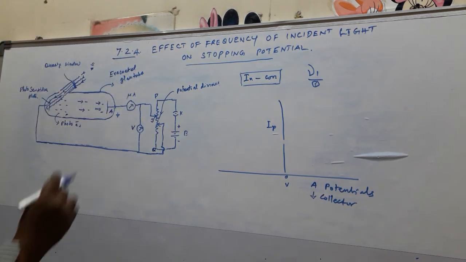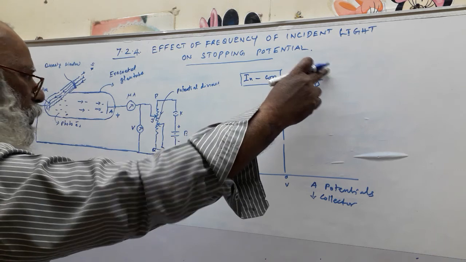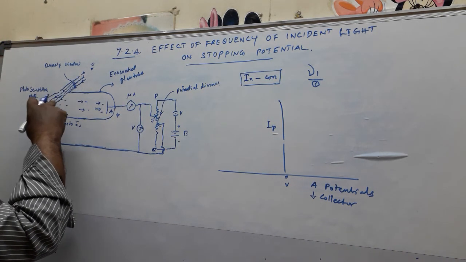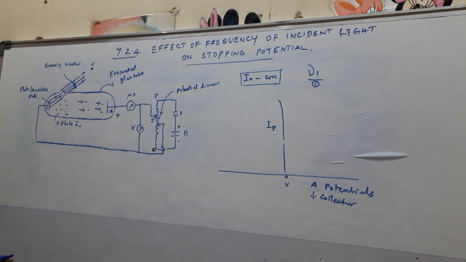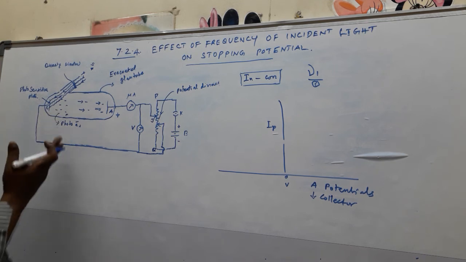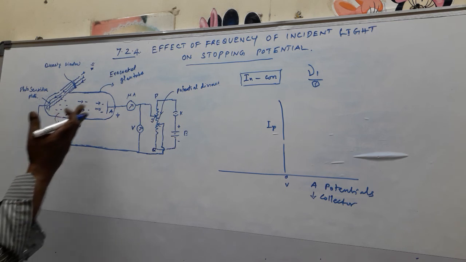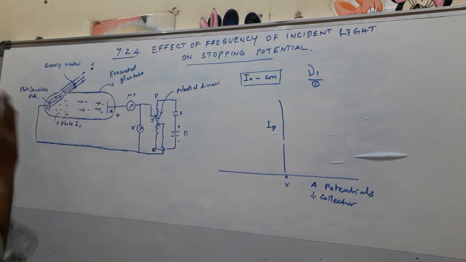When you allow this frequency nu 1 of light rays or ultraviolet rays, what will happen? There may be ejection of electrons, and there is a current entering the anode terminal. Then we are getting current.